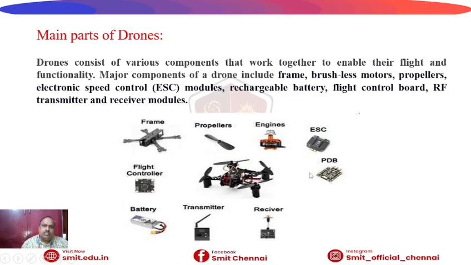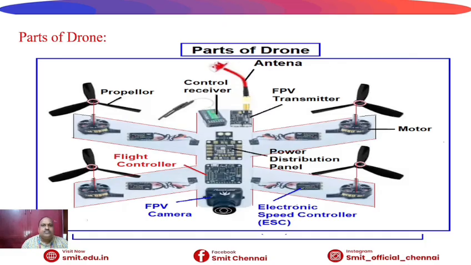And PDP is a power distribution board, and a flight controller, as well as a transmitter, battery, receiver. These are the main parts to assemble the drone which can fly. And it has the modules and a rechargeable battery, flight control board and RF transmitter and receiver modules.